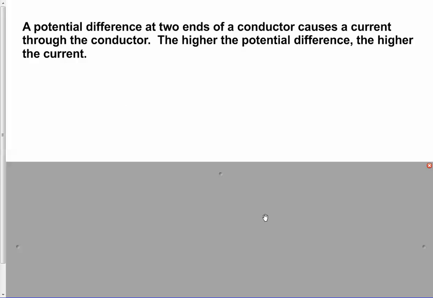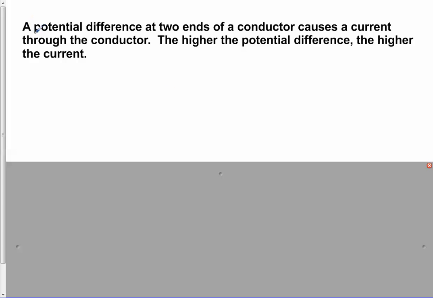Now, the reason that free electrons will move in a wire, in a conductor, is because for whatever reason, there's some electric field. And of course, when I say electric field, the energy way of looking at it is a changing V field, a potential difference.